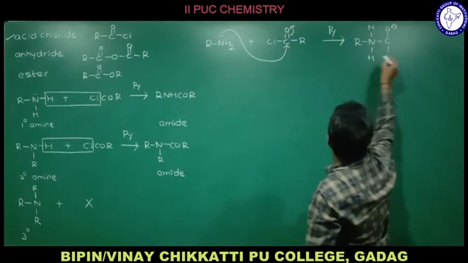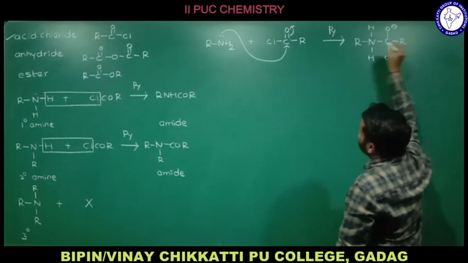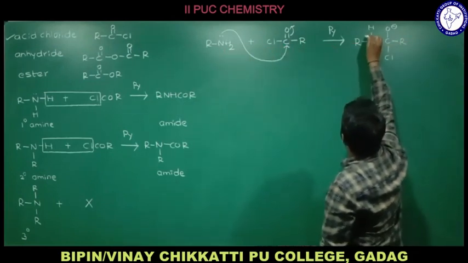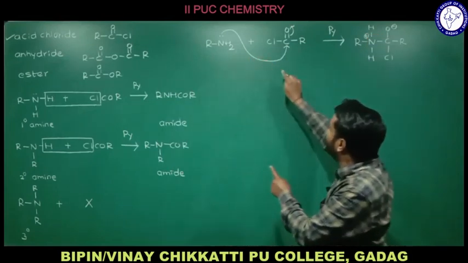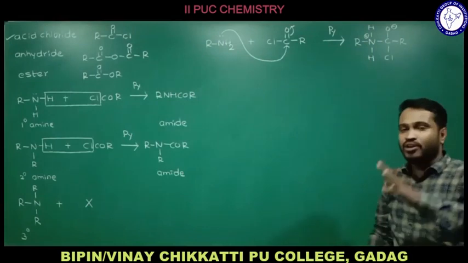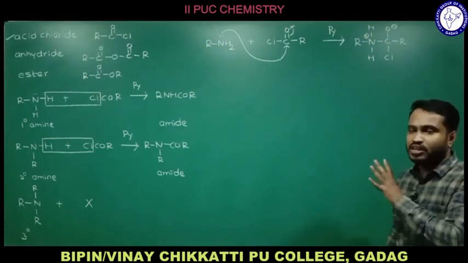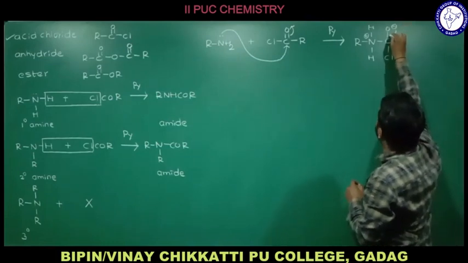We have Cl, and we have an alkyl group. This nitrogen has donated, therefore you get a positive charge over here. This is how the nucleophile is substituted onto this carbonyl, and that is considered to be a nucleophilic substitution reaction. And then here we have an electron rich center, so this is going to shift in this manner.